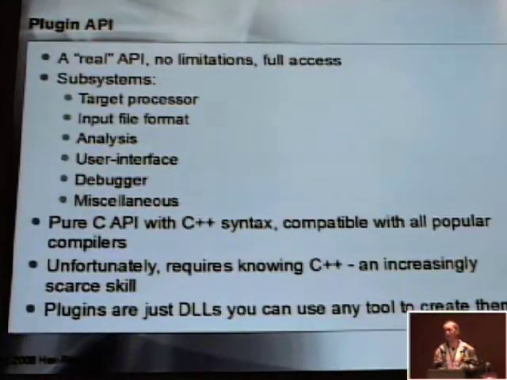You have to know how to program in C or C++, but on the other hand, it's not that difficult. With this API, you can have access to all subsystems in IDA. You can write your processor models, file loaders, you can improve the analysis, add user interface stuff and other things. So many things you can do.